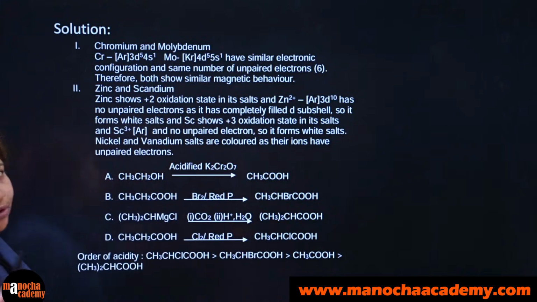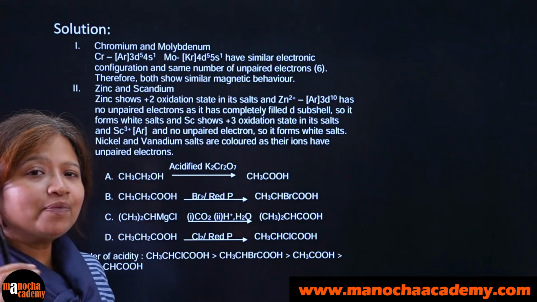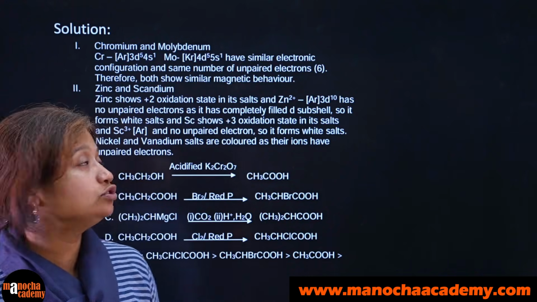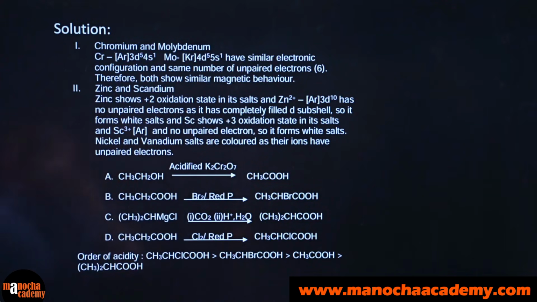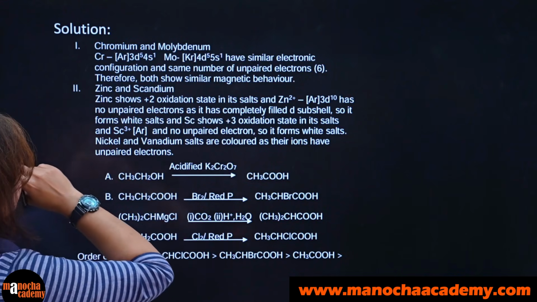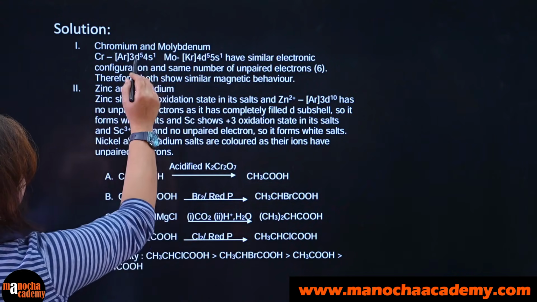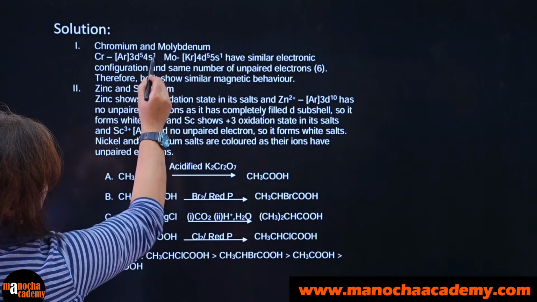But I told you, you have to find out the same number of unpaired electrons. Not only if they are unpaired, it will not do. Same magnetic behavior means the number of unpaired electrons should be the same. That also you have to check. So chromium, you can see here, 3d5 4s1 means 5 plus 1, 6.